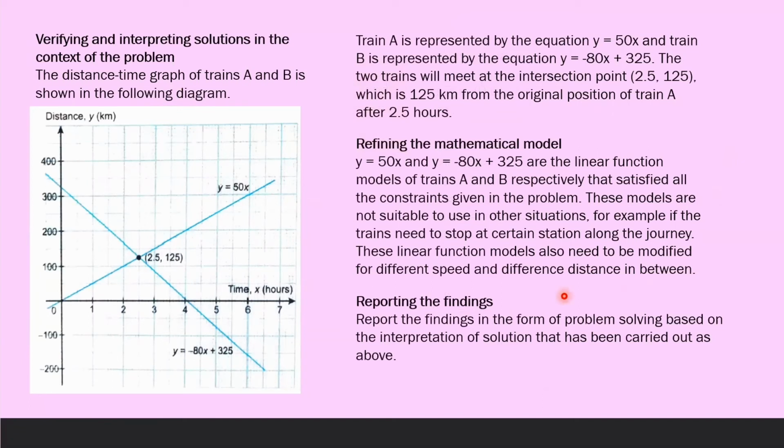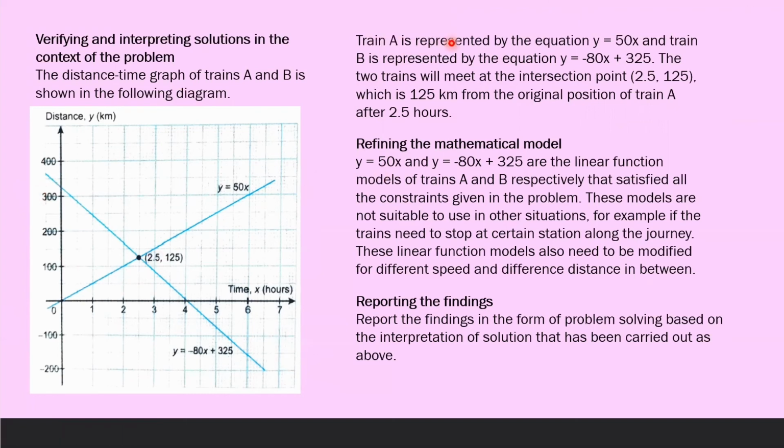Now step number 4 is verifying and interpreting the solution in the context of the problem. The distance-time graph of train A and B is shown in the following diagram. You can see this diagram is using a linear function because it's a straight line.